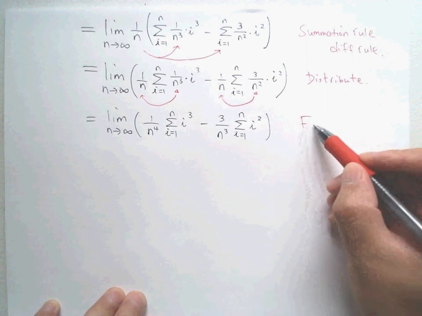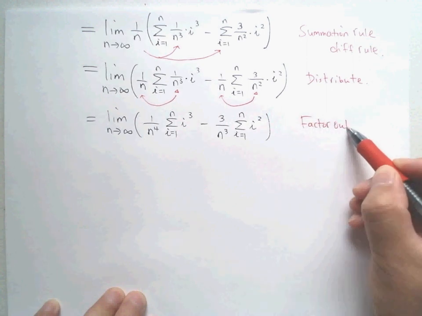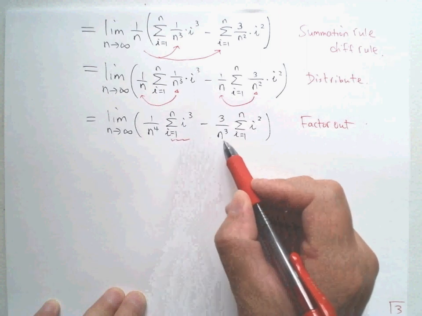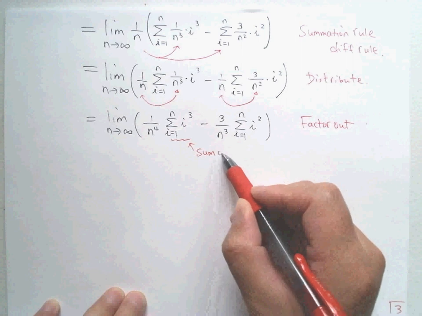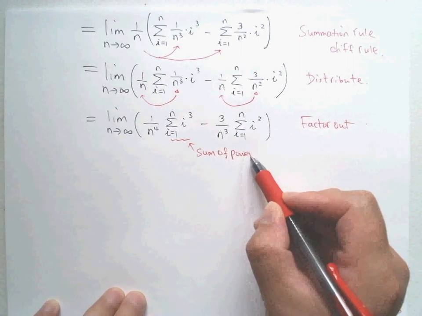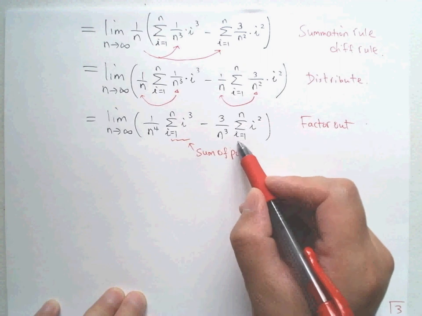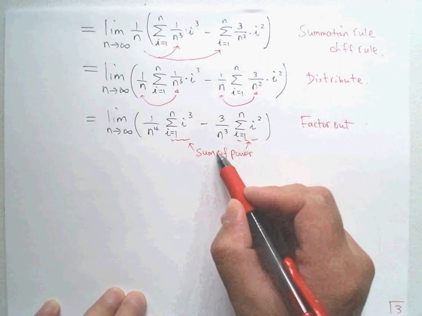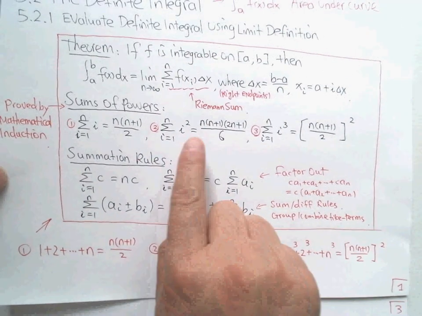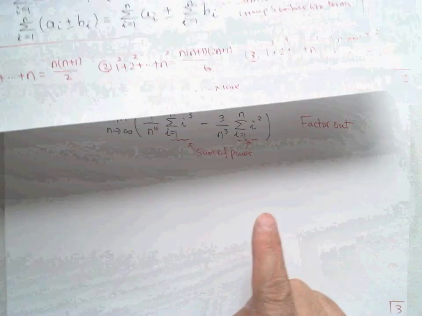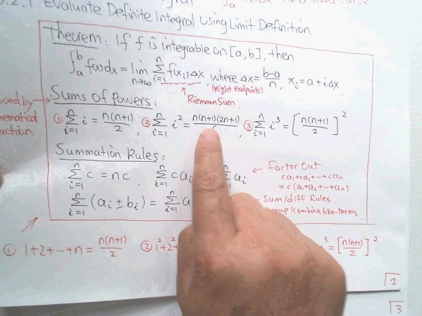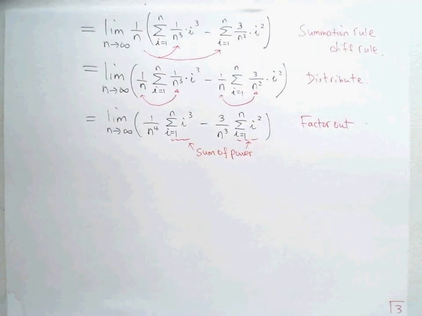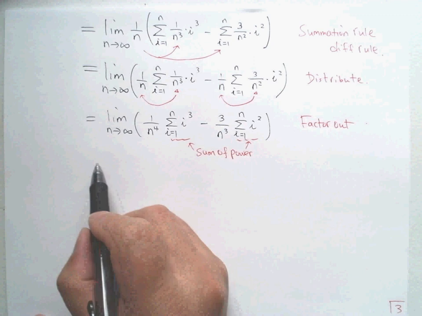We used factoring out. Now we know what this is: this is a power, a sum of powers. We just use the results. This is also a sum of powers. Remember we have the sums of powers here, the sum of power for the cube and for the square. We're going to plug these results into this expression, and then we will find out what we need.